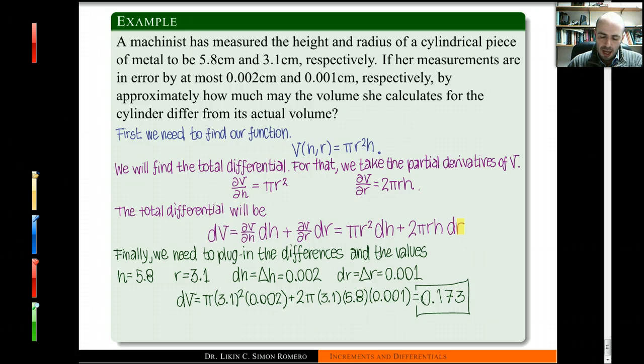So we plug in everything here, and at the end it is going to give you 0.173. This is going to be an approximation of the error when you have these errors in your inputs.